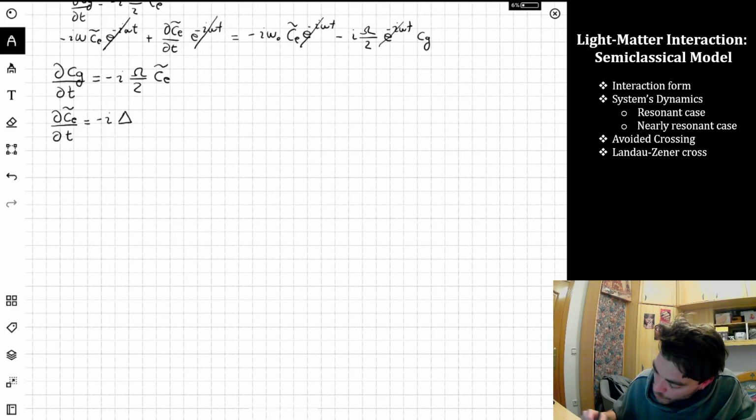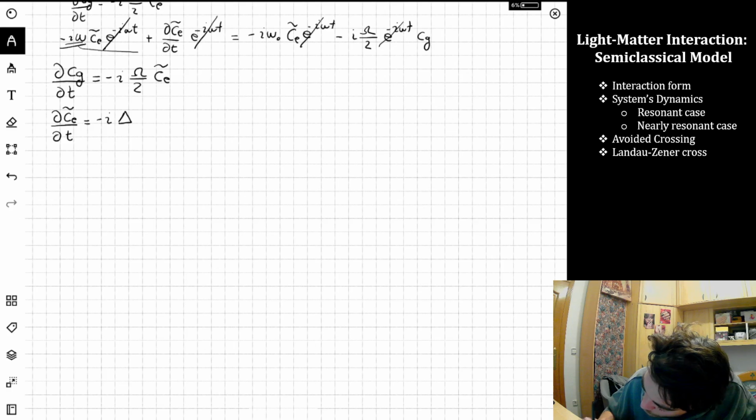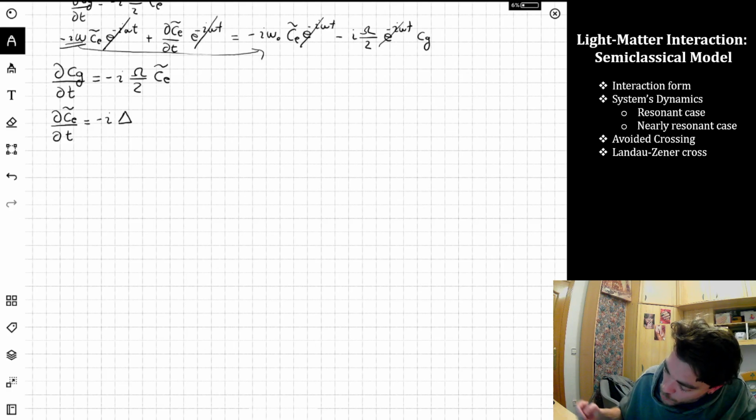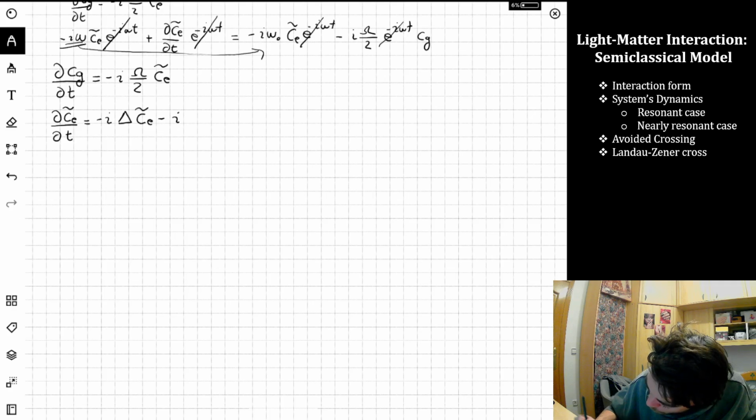This is because in the right hand side, this term, when you go to the other side you get omega minus omega 0, which is the tuning, Ce, minus I omega divided by 2 Cg.